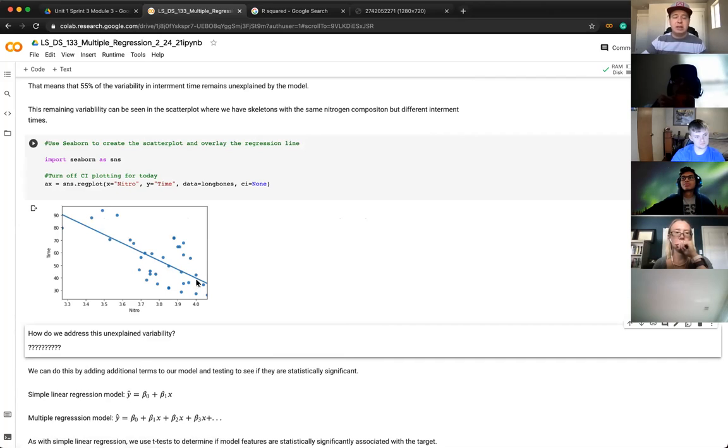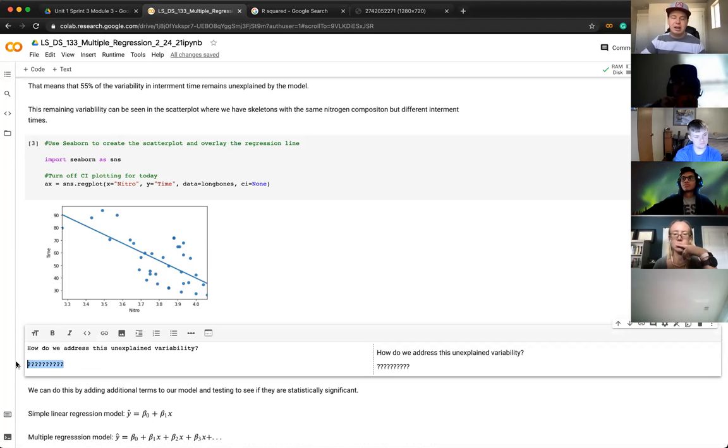And you can see here that there's still a fair amount of variability outside of our regression line, right? Some of these points have somewhat large residuals. Our confidence interval that we looked at was still somewhat large, right? There's improvement to be made, okay? So the big question is, how do we address this unexplained variability, okay?